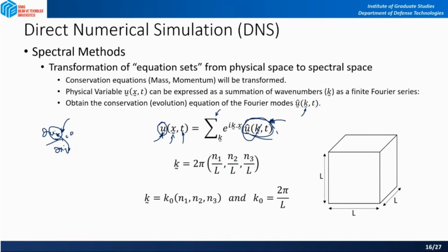Okay, what is k? We said it is a wave number. So first of all, let's take a look at the summation in here. We have e to the power of ik times x. So k, as you see, is dot producted with x. So you have two vectors, the vector k and the vector x, that are dot producted.